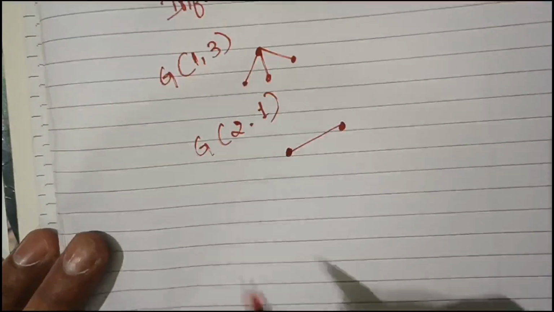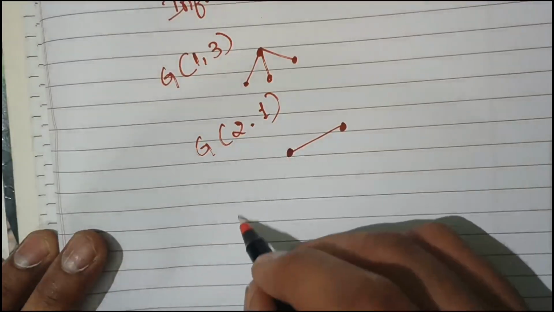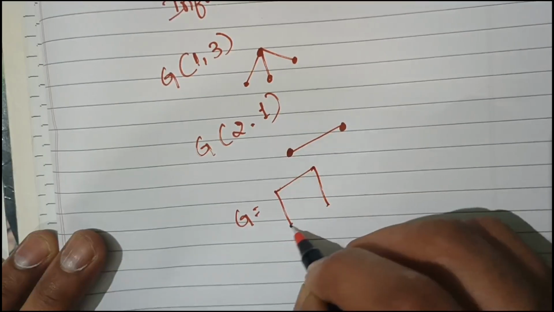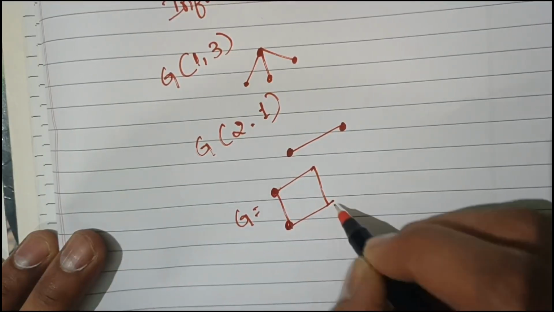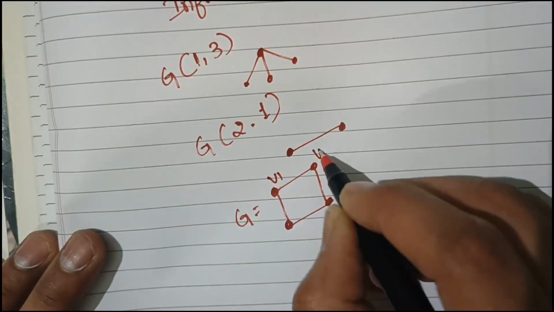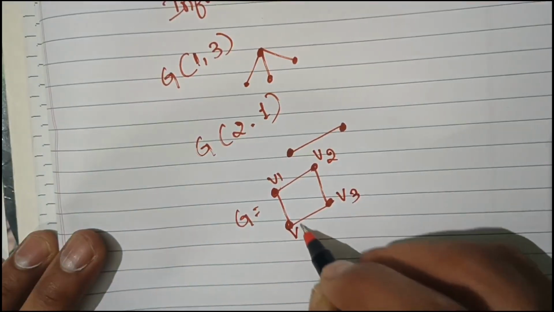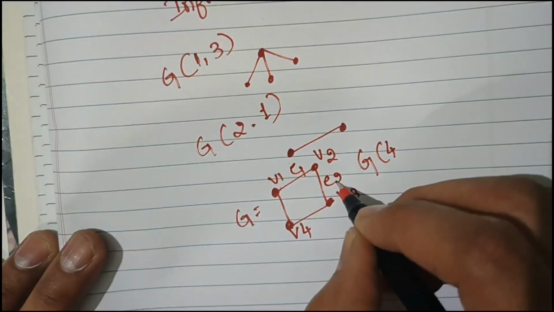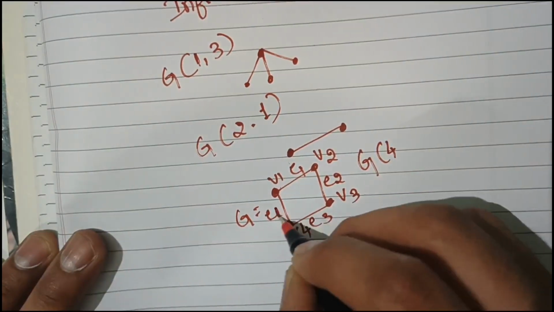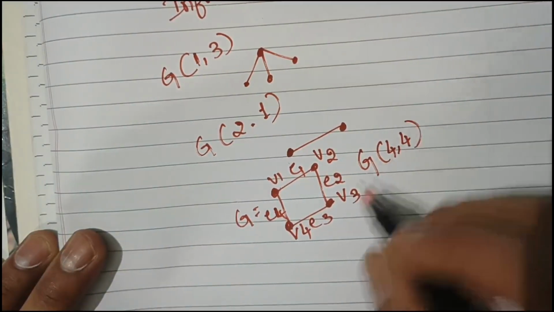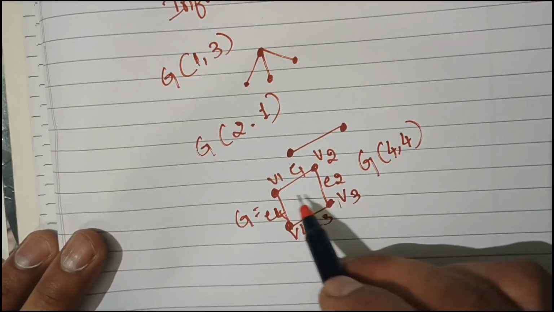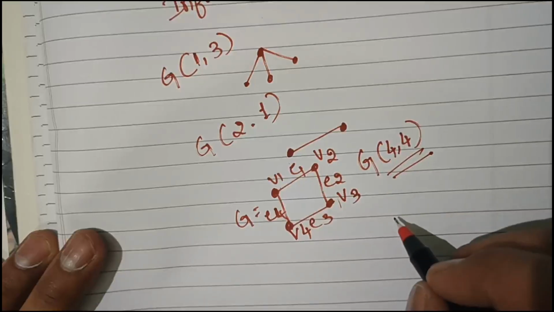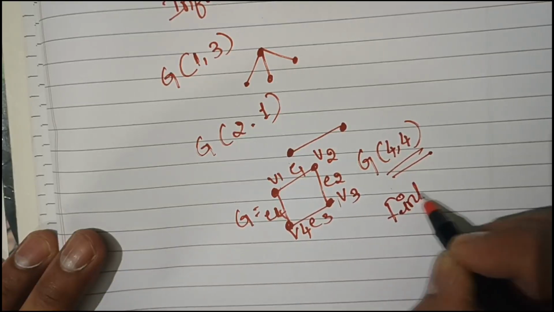If they give a square, it will contain v1, v2, v3, v4. So G of 4 comma 4, that is e1, e2, e3, e4. We are able to count the edges and vertices. So this type of graph we should call a finite graph.